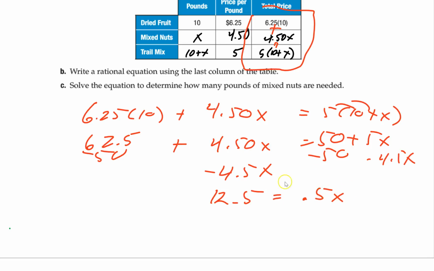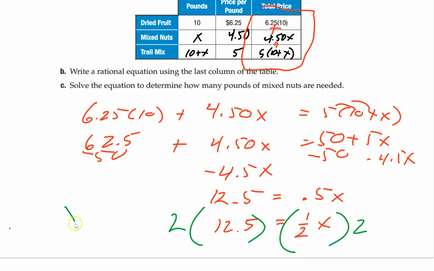Here's an easy way to do this without a calculator. 0.5x is sitting as 1/2 x. Then from here we can multiply by 2, multiply with the reciprocal, and x equals 25. So I need 25 pounds of mixed nuts to make my trail mix that costs $5.